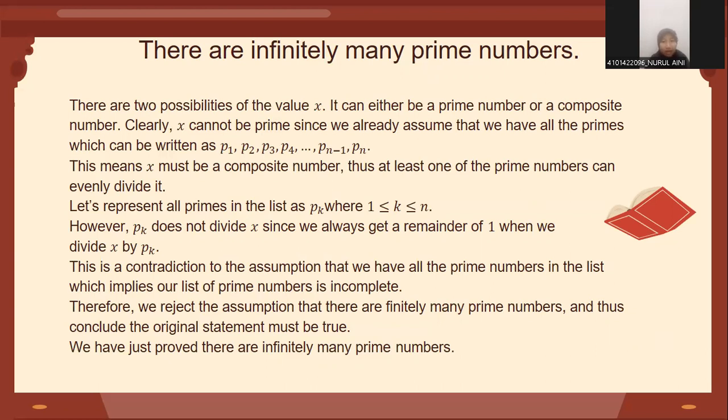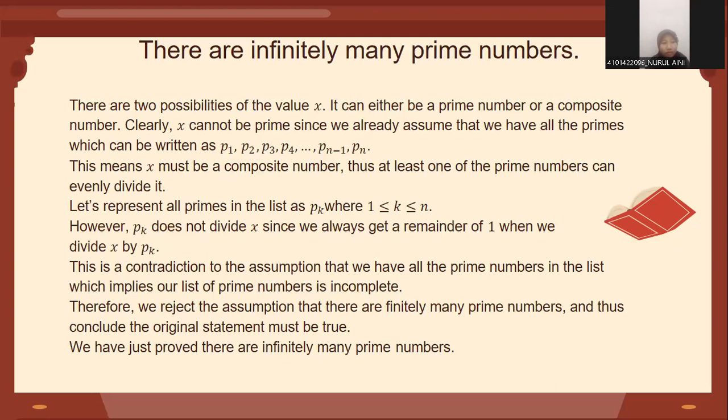Clearly, x cannot be prime since we already assume that we have the primes which can be written as p1, p2, p3, p4, and so on until pn. That means x must be a composite number. Thus, at least one of the prime numbers can evenly divide it.